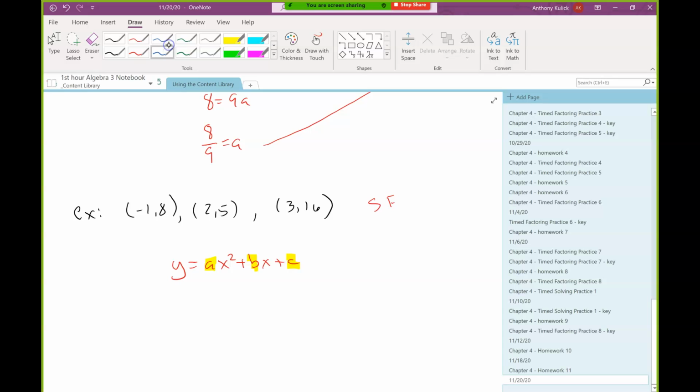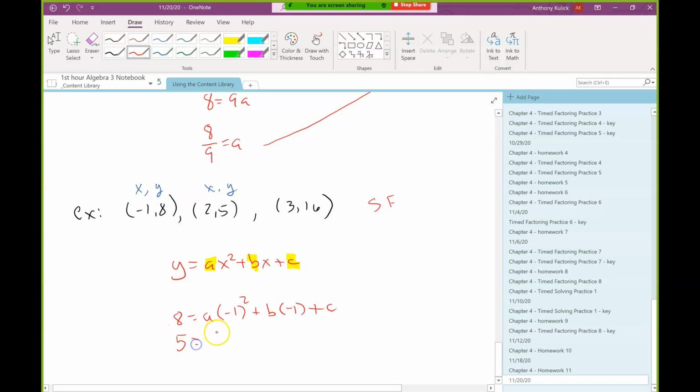So the way that I'm going to do that is I have an xy here. So that's going to create my first equation. So I plug 8 in for y and -1 in for x. And that's one equation. I have another xy here, so I'll plug those in.